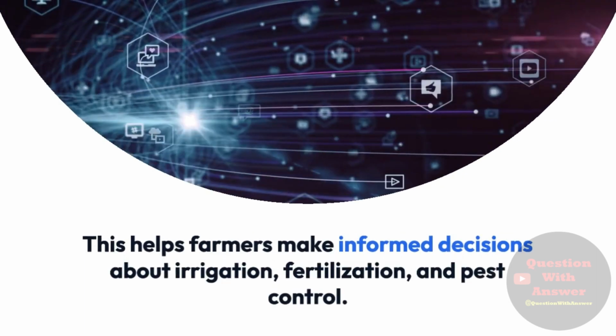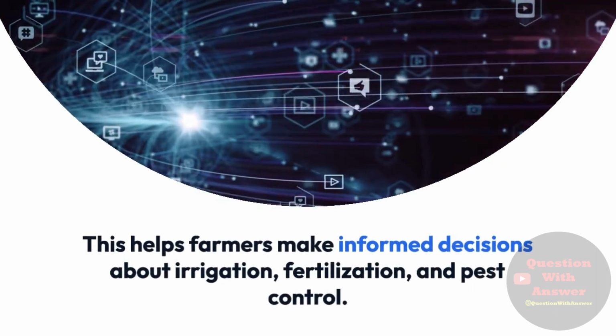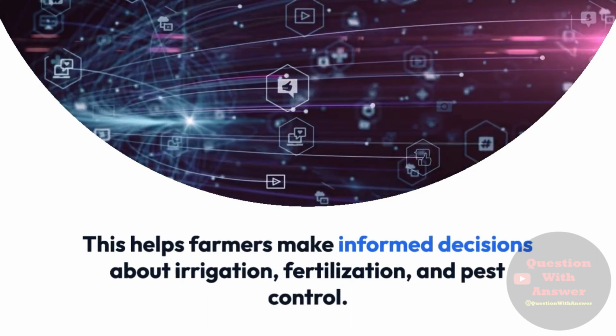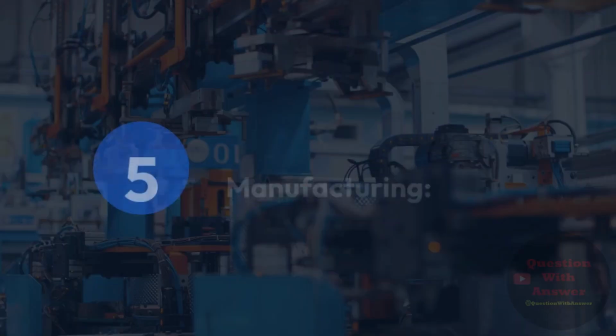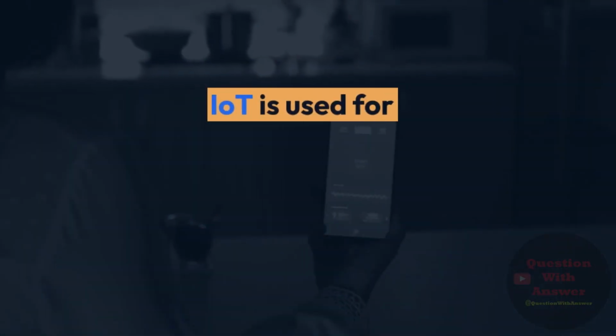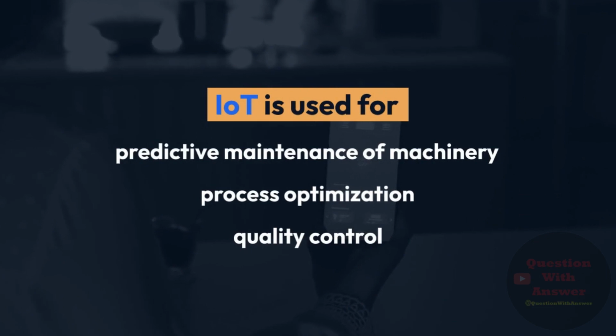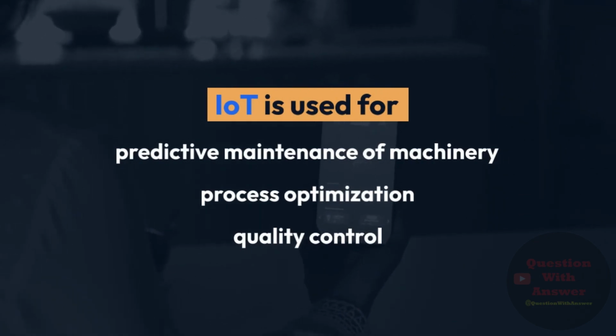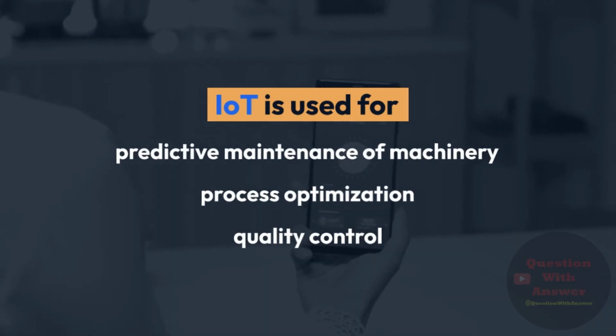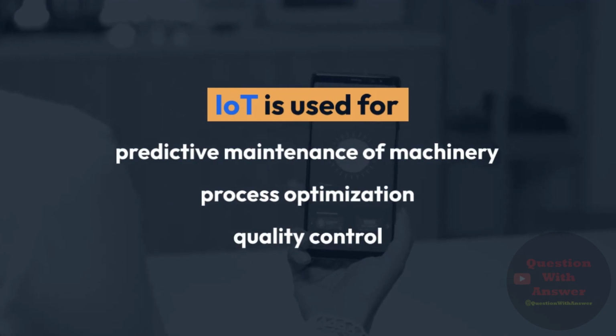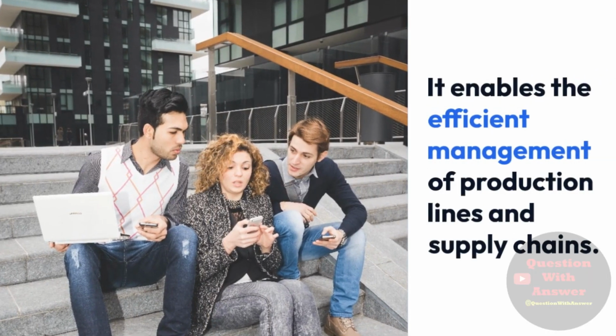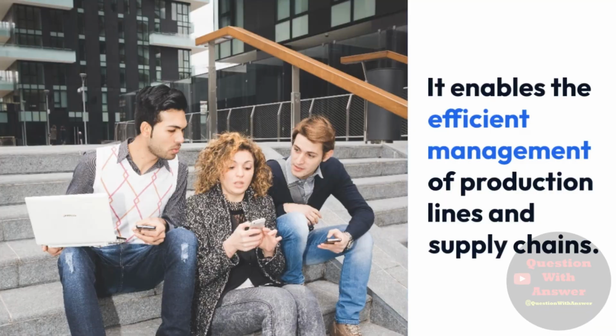This helps farmers make informed decisions about irrigation, fertilization, and pest control. 5. Manufacturing. IoT is used for predictive maintenance of machinery, process optimization, and quality control. It enables the efficient management of production lines and supply chains.